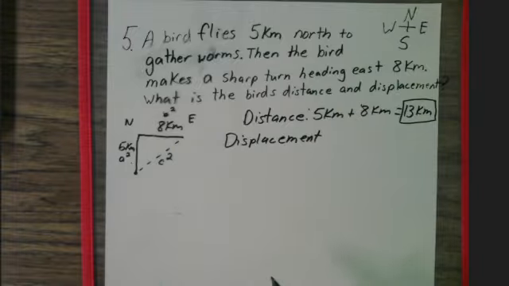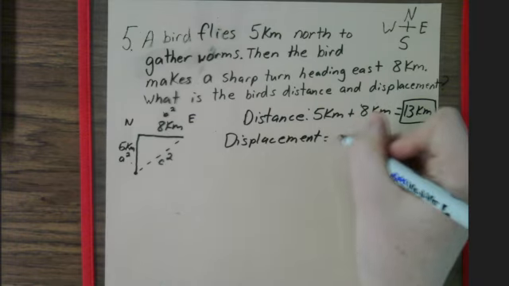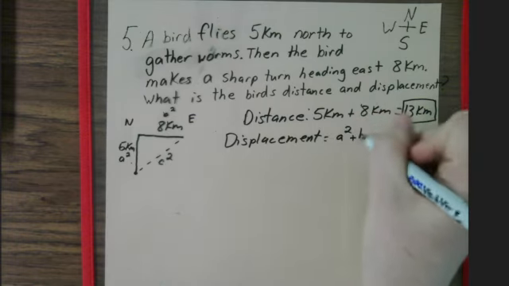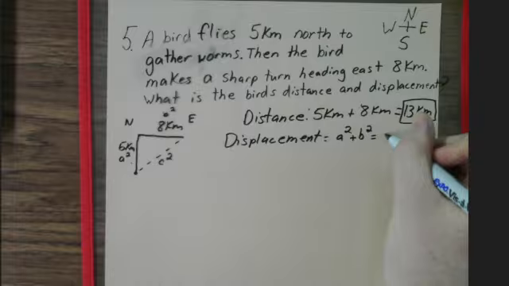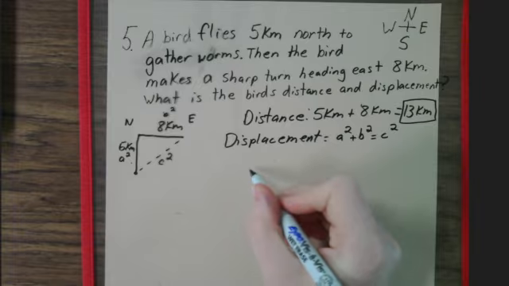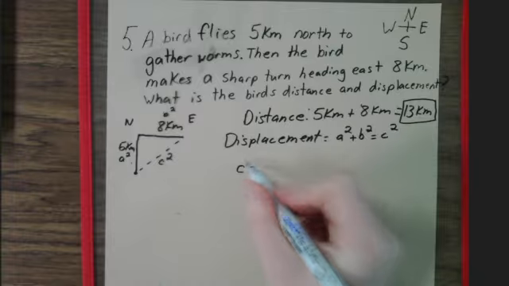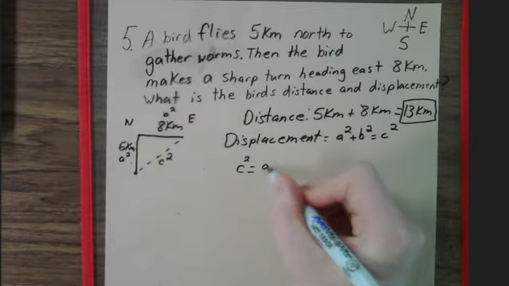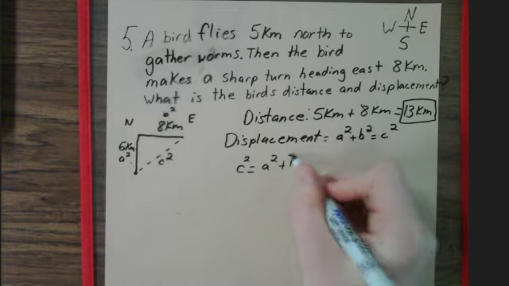So we're going to use this as a formula. Our displacement for this one is a squared plus b squared equals c squared. So let's plug in these numbers. c squared is equal to a squared plus b squared.